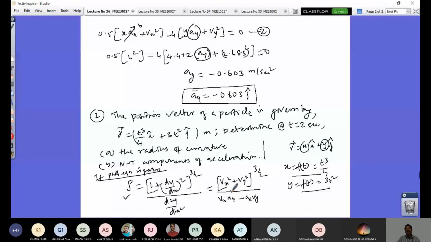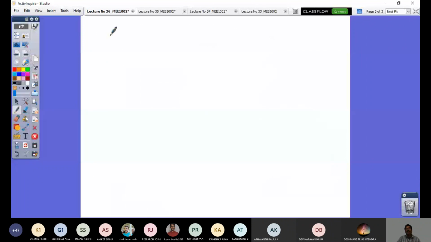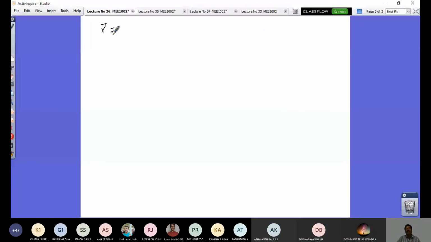So now it's very simple and straightforward. We can start solving the problem where r vector is given in the problem by t cube by 4 i plus 3t square j. The velocity vector will be 3t squared by 4 i plus 6t j.